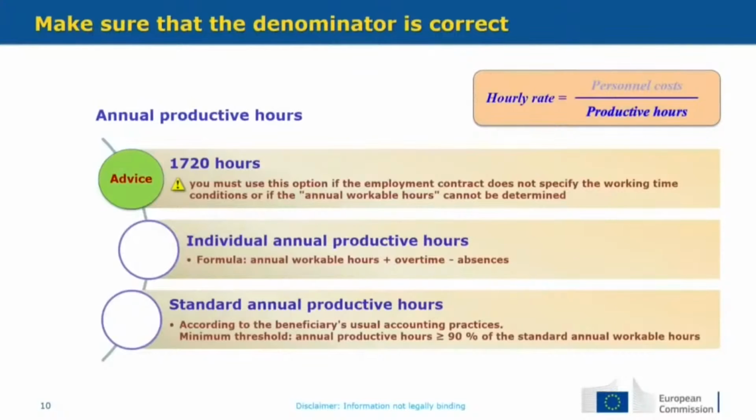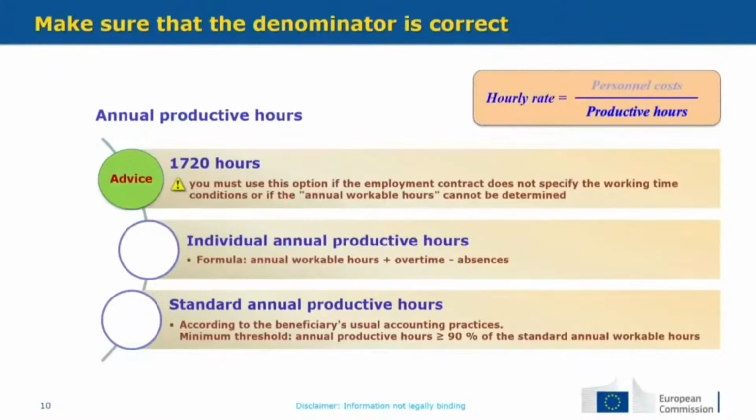For individual annual productive hours, so this is option 2, to calculate productive hours, basically the formula should be used, the formula which is well explained in the annotated grant agreement. So you calculate this annual individual productive hours by first calculating the annual workable hours and deducting, of course, absences and adding also overtime.